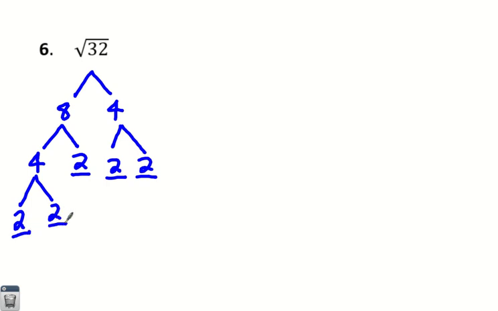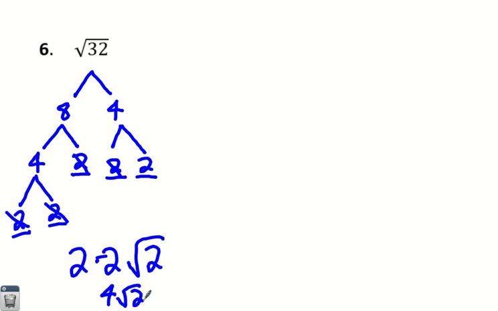Now we look for pairs if you're doing it this way. We have one pair of 2's, right? So that's a single 2 that comes out. Then we have another pair of 2's, and so another 2 comes out. And then we have a single 2, which must stay underneath. So on the outside, we can multiply those together to make 4, which makes the final answer, 4 root 2.